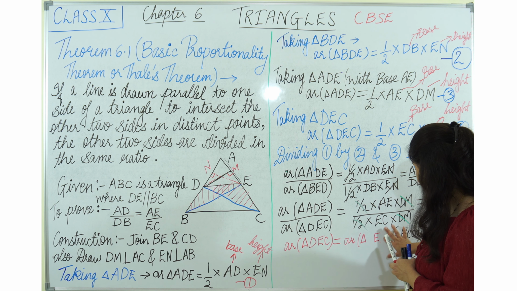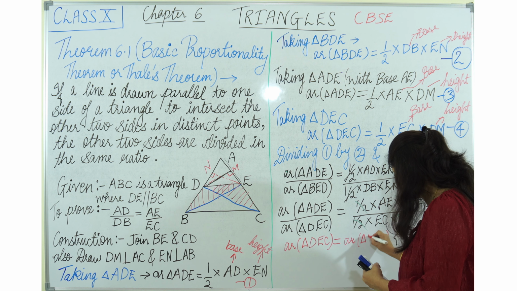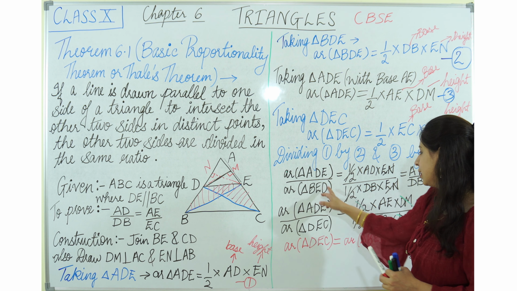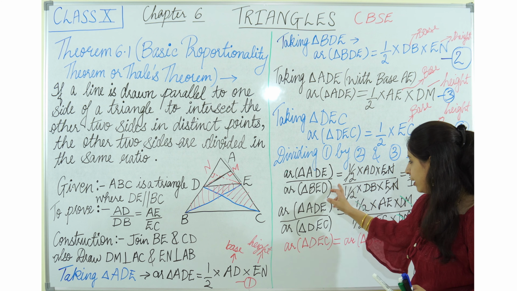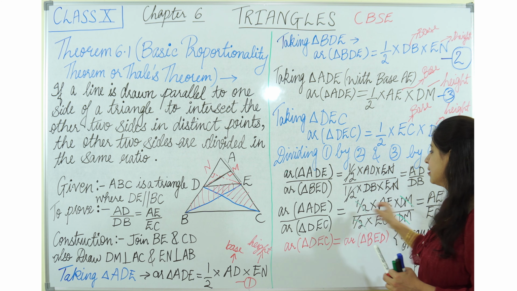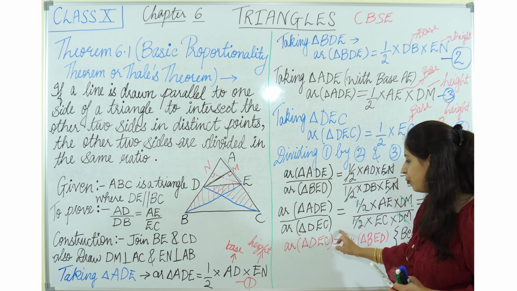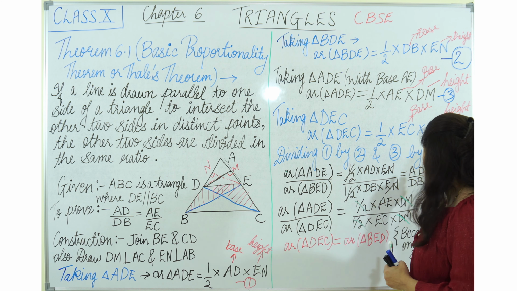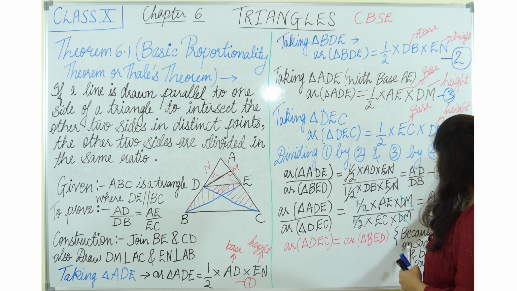So both the areas are equal. So we can clearly see in equations 5 and 6 that the LHS of both the equations is equal. So when the LHS is equal, then we can equate the RHS.